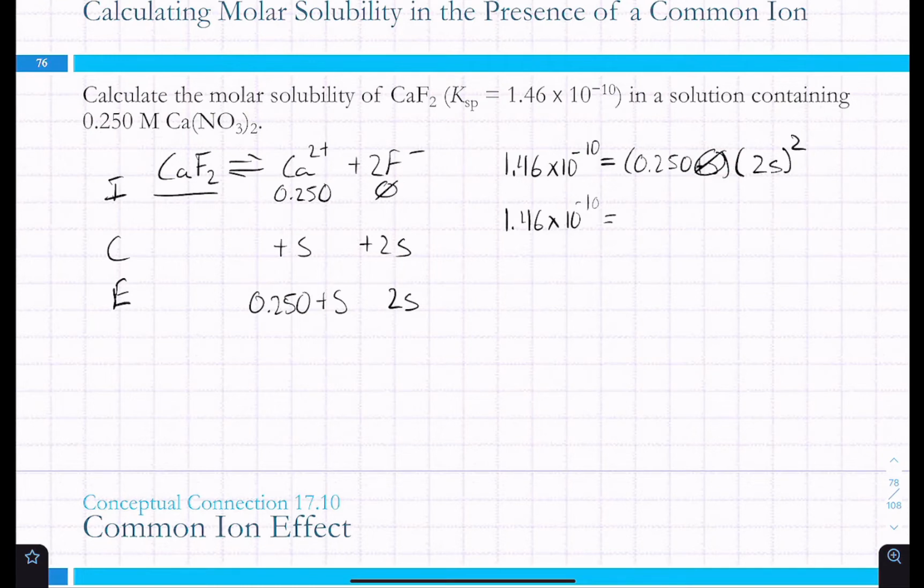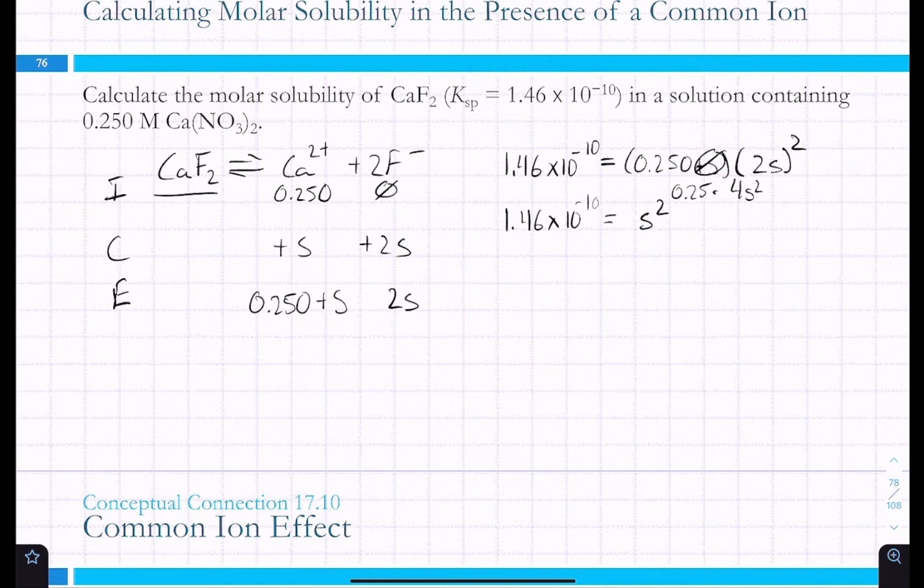So now this is going to be 0.25 times 4s squared. And 4 times 0.25 is going to be 1. So this is just going to be s squared, because this will be 4s squared times 0.25, so 1/4 times 4 is 1.